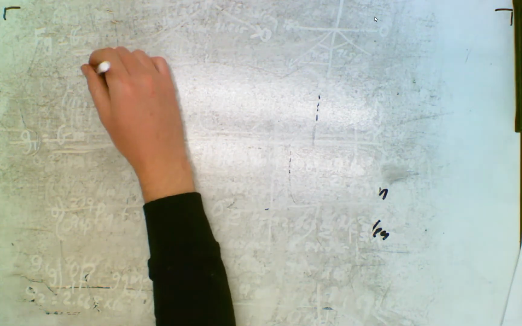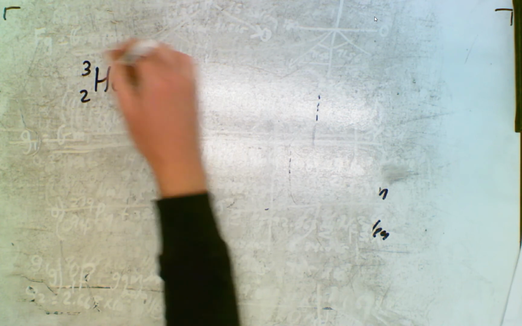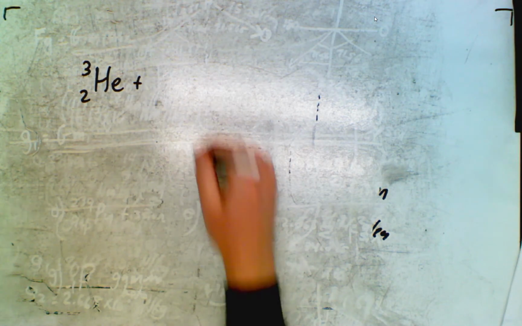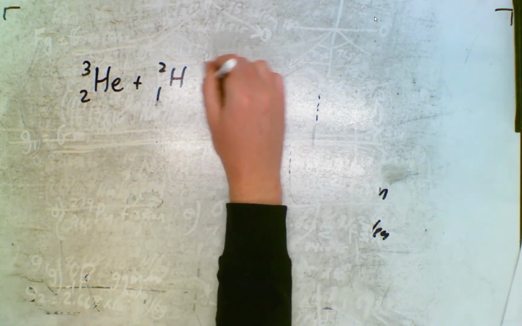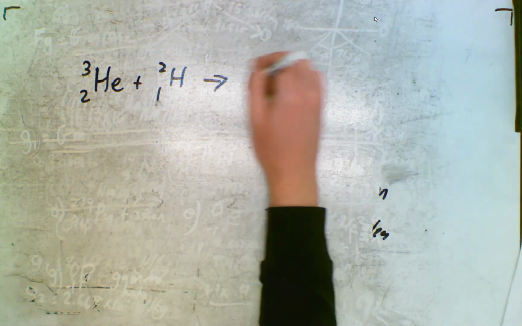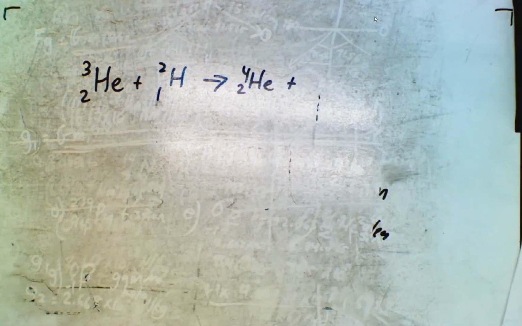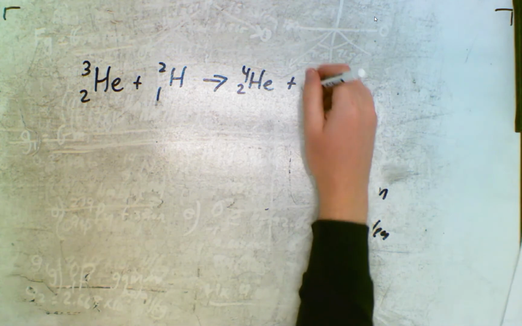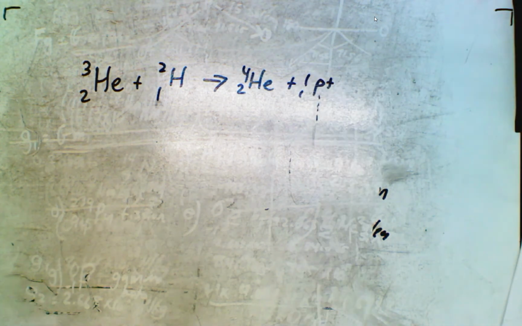So we have helium-3, so helium-3 would look like that, and hydrogen-2. And the products are helium-4 and a proton, like this.